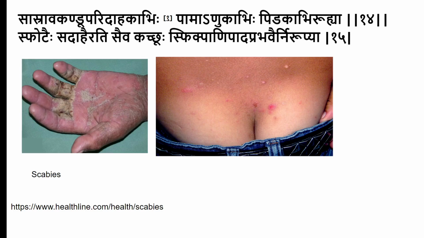Now, to remind you about whatever we have discussed about the features of Pama, Vicharchika, and Rakasa in the previous chapter of the Kushta, I will repeat that. In case of the Pama, it is small eruptions which present with itching and burning sensation and are usually concentrated in the areas where hygiene is difficult to maintain, like the buttocks and the fingers.